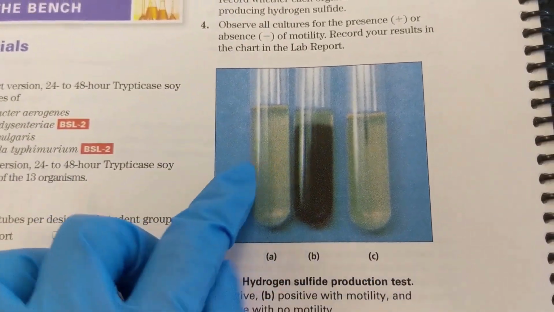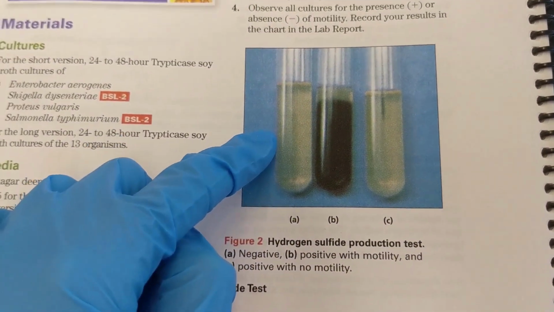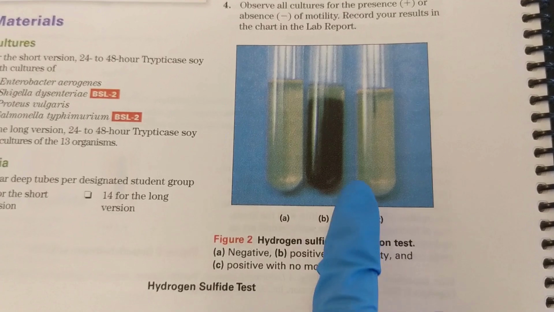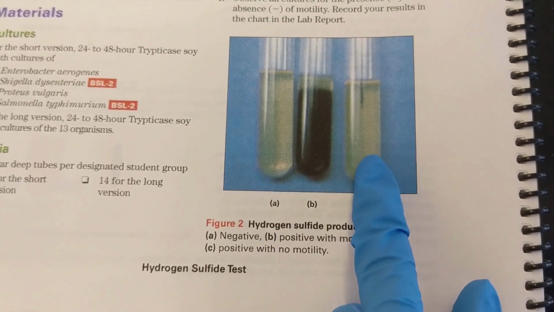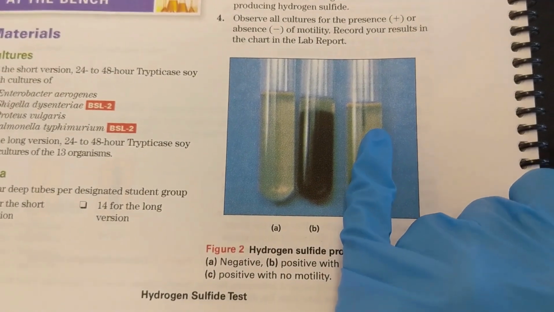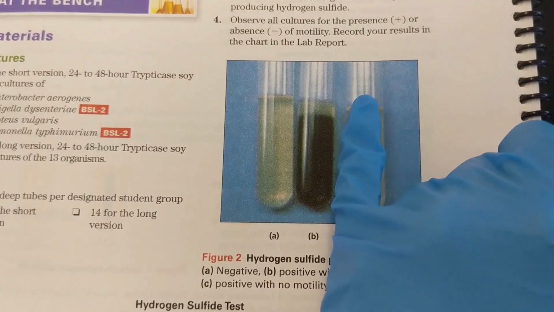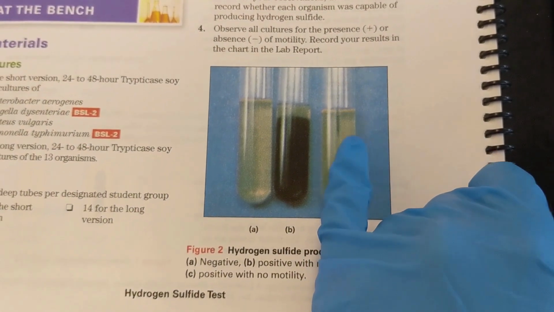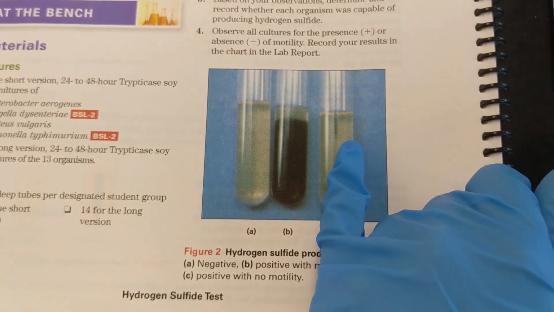So this one is negative for hydrogen sulfide. This one is positive with motility, and this is positive with no motility. So you can see here that the organism's growth, which is hydrogen sulfide positive, is only restricted to the line of inoculation.